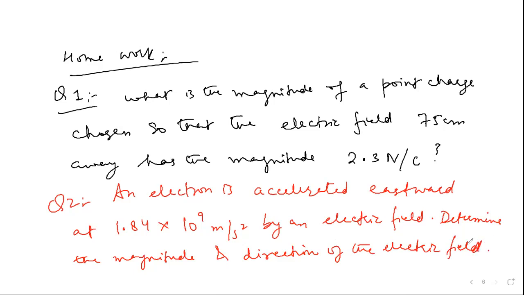I repeat the question. An electron is accelerated eastward at 1.84 into 10 raised to 9 meter per second square by an electric field. Determine the magnitude and direction of the electric field.